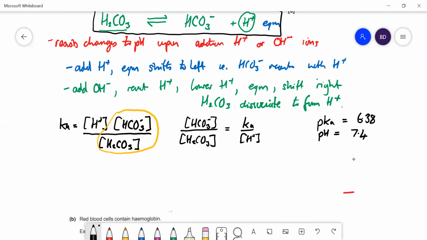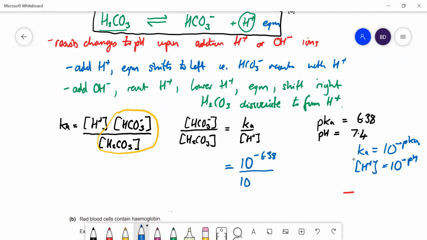So how do we work out the Ka from the pKa? Well, Ka is equal to 10 to the power of minus pKa, and also H plus concentration is equal to 10 to the power of minus pH. So let's put those numbers in. We get 10 to the minus 6.38 divided by 10 to the power of minus 7.4.